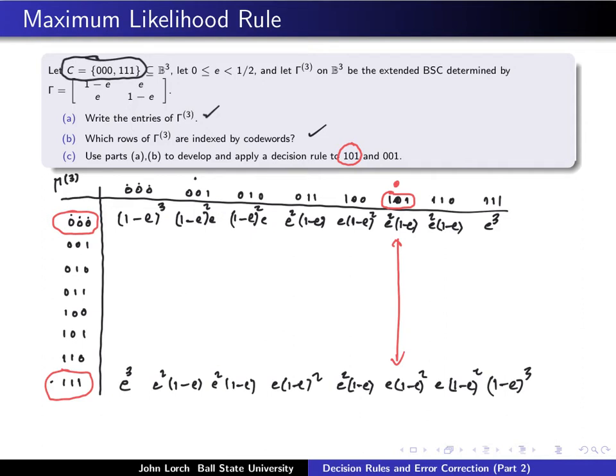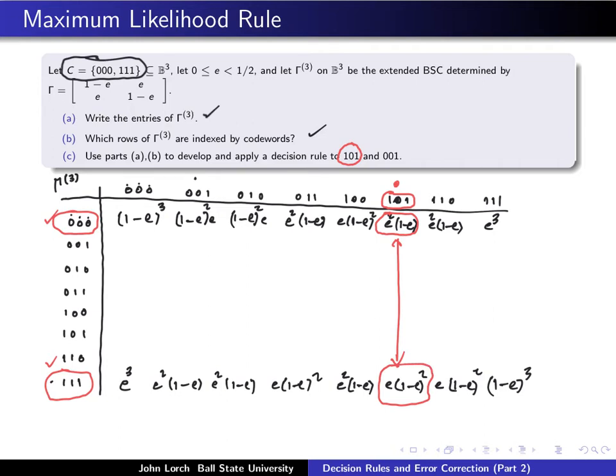Okay? So the only inputs we're interested in are the ones that come from these code words, 0, 0, 0, and 1, 1, 1. So which of these numbers here is largest? Well, at the top we have e squared times 1 minus e, and at the bottom we have e times (1 minus e) squared. So here we're told that e is strictly less than 1/2.